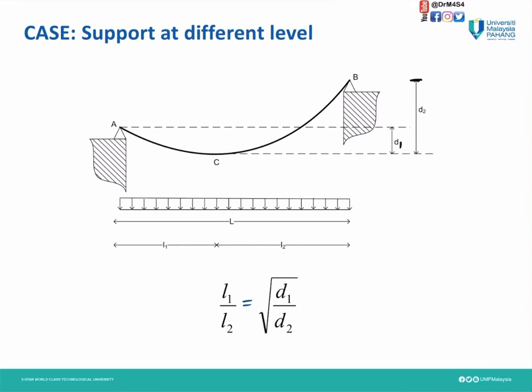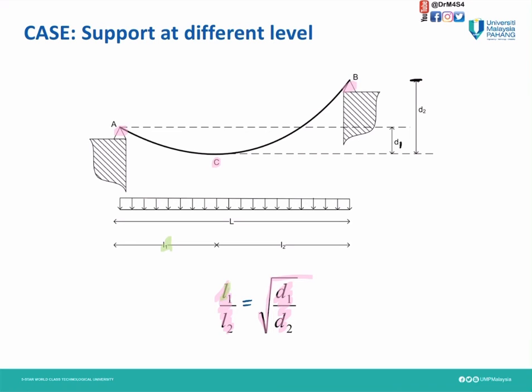Take this for example, cable supported at different levels. So we know the lowest point is C. This is the relation between length and the depth of support for cable supported at different levels.